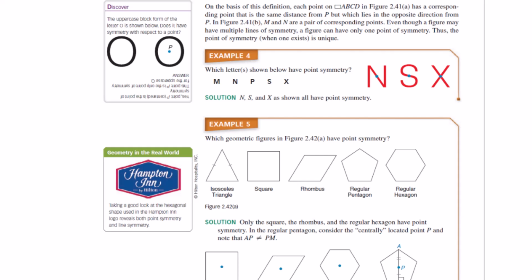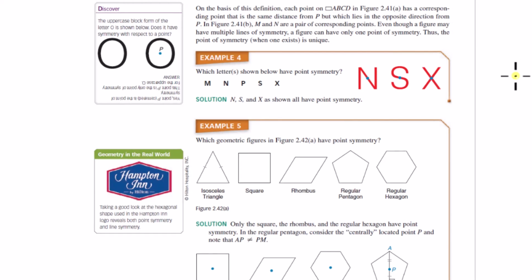Now it's interesting to think about. It makes you wonder: if a figure has a point of symmetry, then must it have at least one axis of symmetry? Well, that makes me think about algebra, where you can have a graph that's symmetric with respect to the origin, which is a point, but it doesn't have any symmetry about the vertical and horizontal axes.